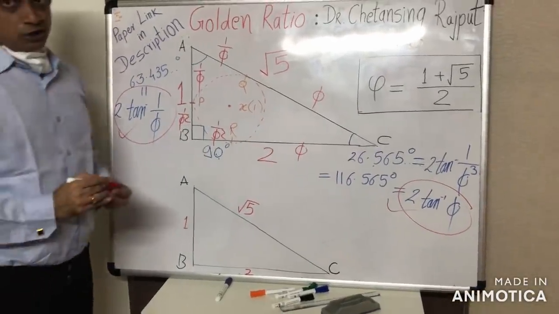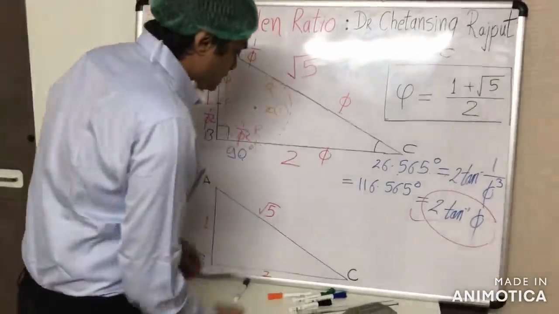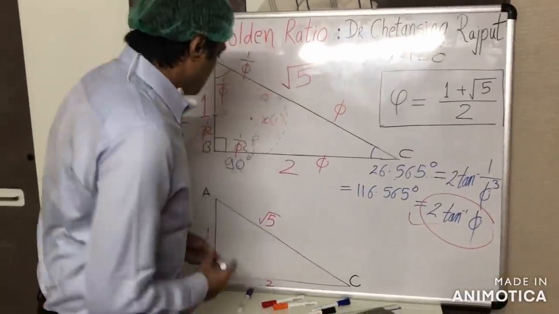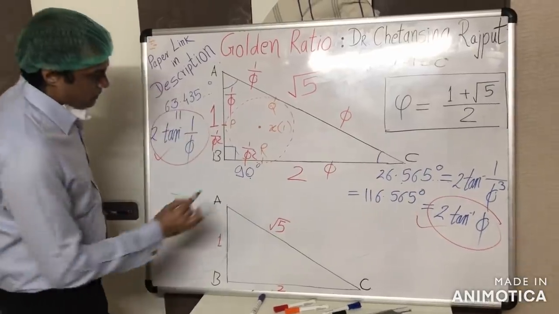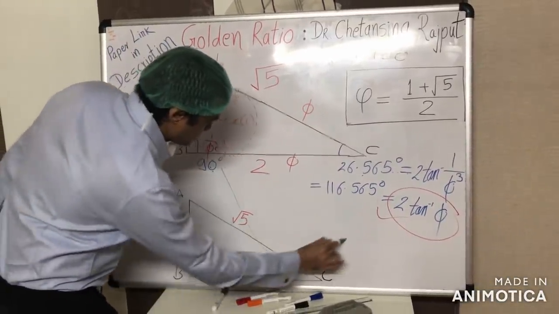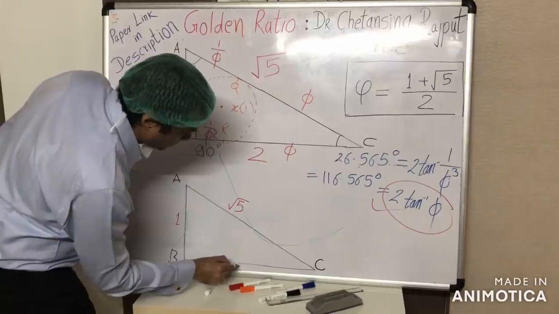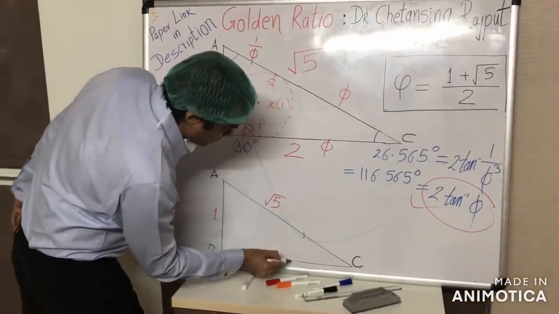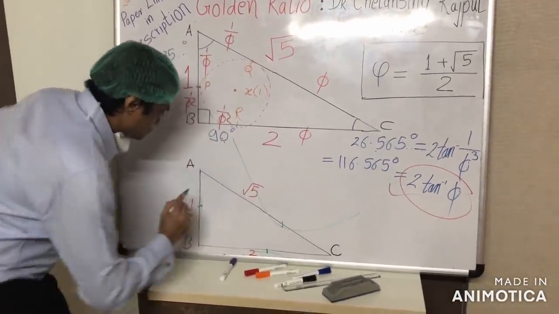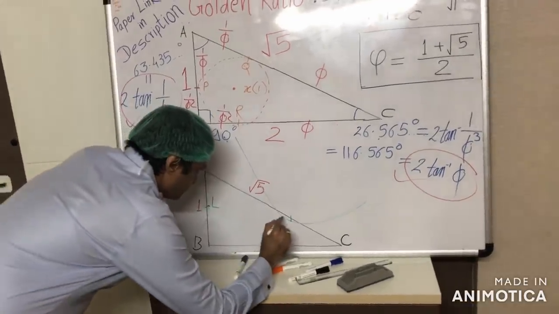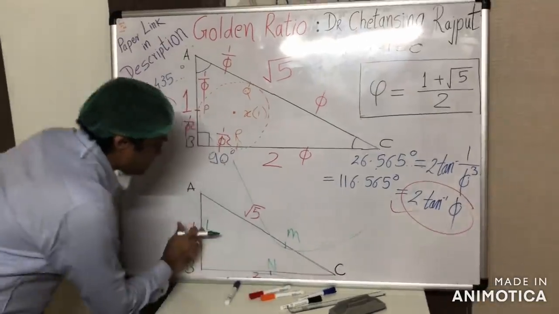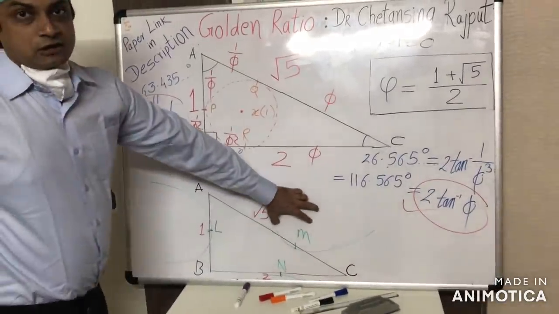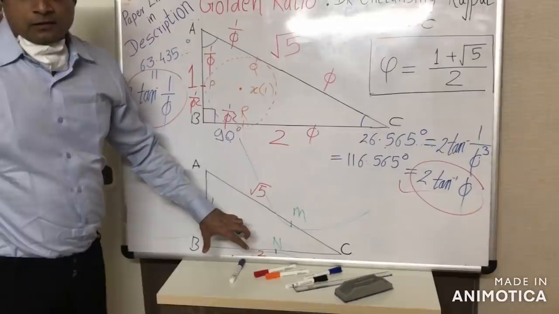And not just the in-circle, even the excircles of the triangle, like this is one excircle, this is the second excircle, and this is the third excircle. Even the touch points of the excircles, suppose L, M and N. These are the touch points of the three excircles of this 1, 2, root 5 triangle.